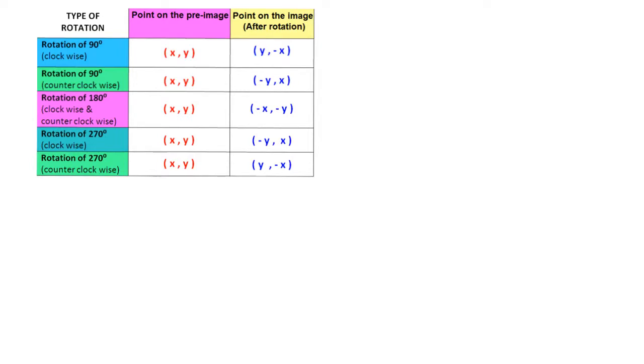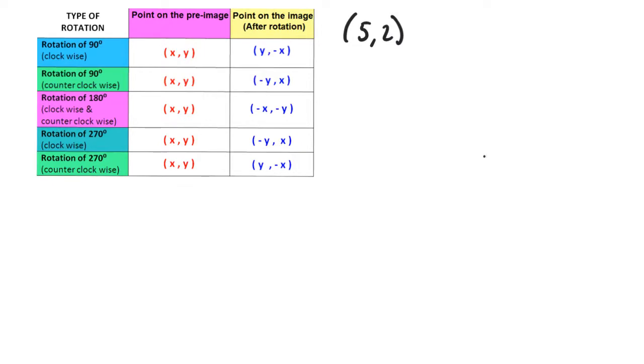Here's what I mean. Let's use 5, 2 as an example. We'll say the point is 5, 2. And if we want to rotate 90 degrees, we need to make a relationship that looks like this.